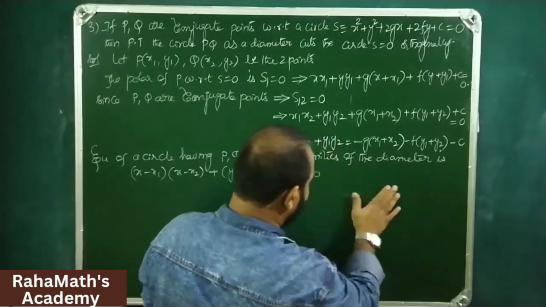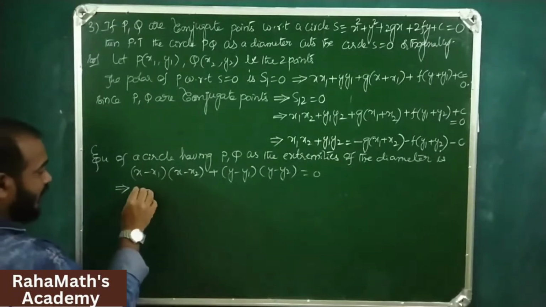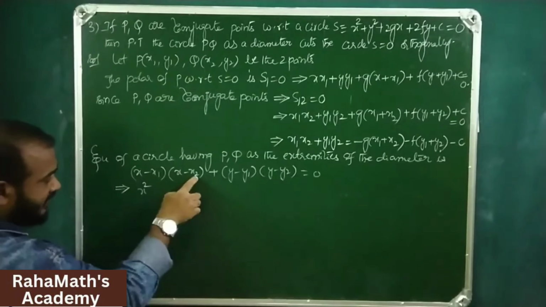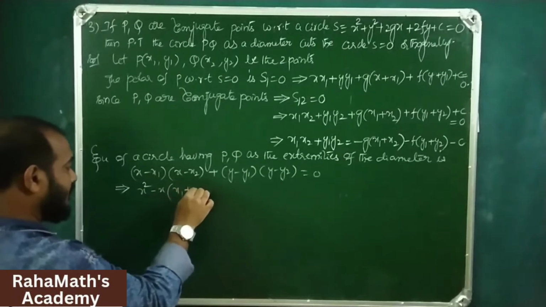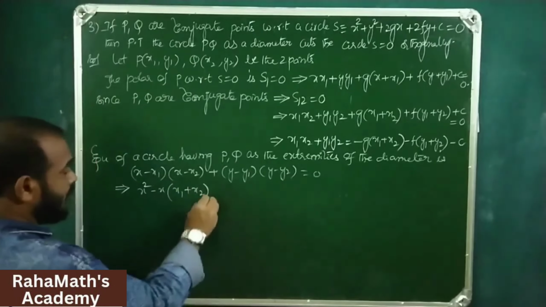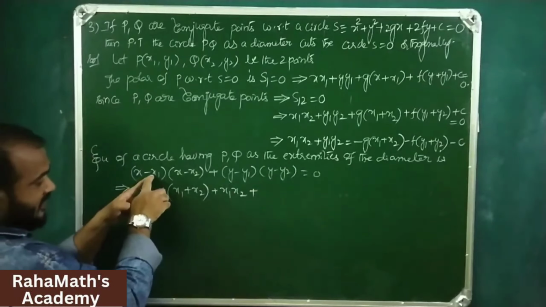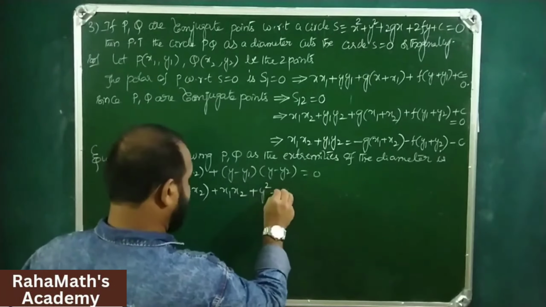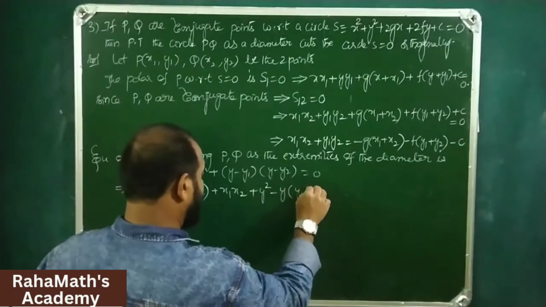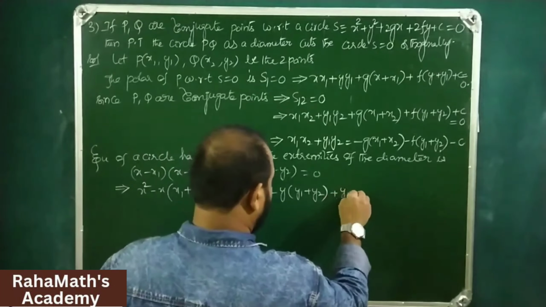Now that implies x squared minus x x2 minus x x1, and if I take x common, minus x into (x1 plus x2), plus x1 x2, plus y squared minus y into (y1 plus y2) plus y1 y2 equals 0.